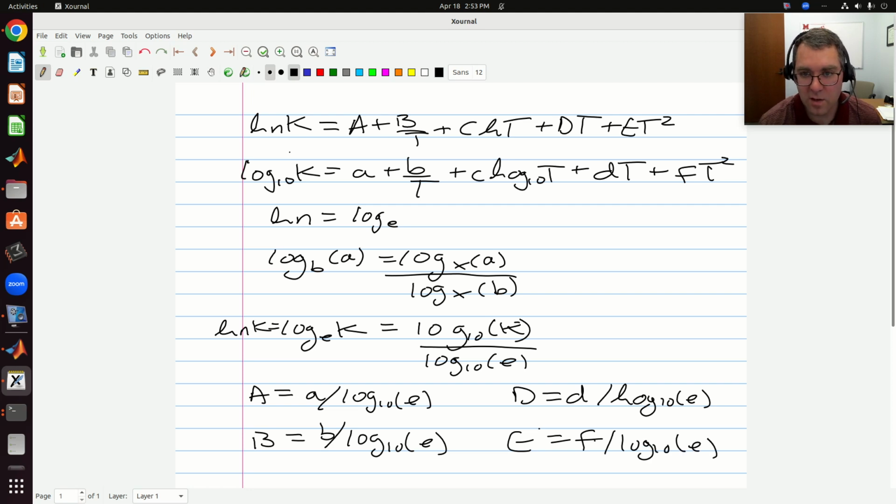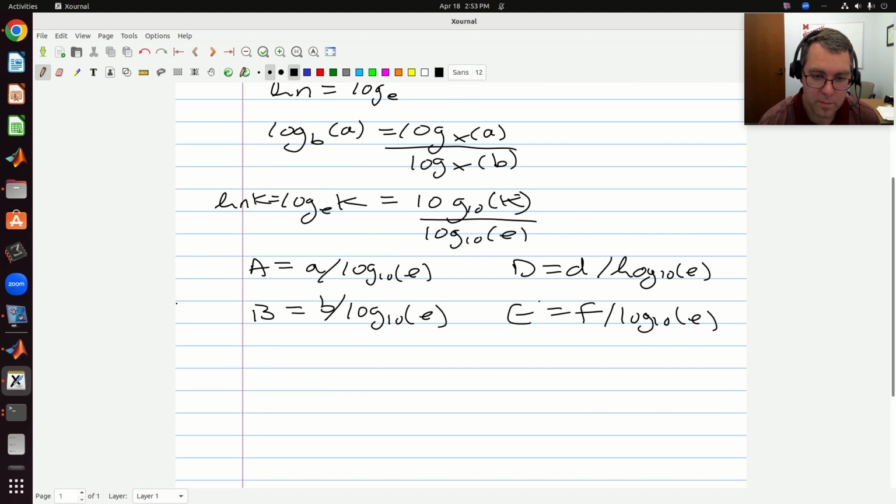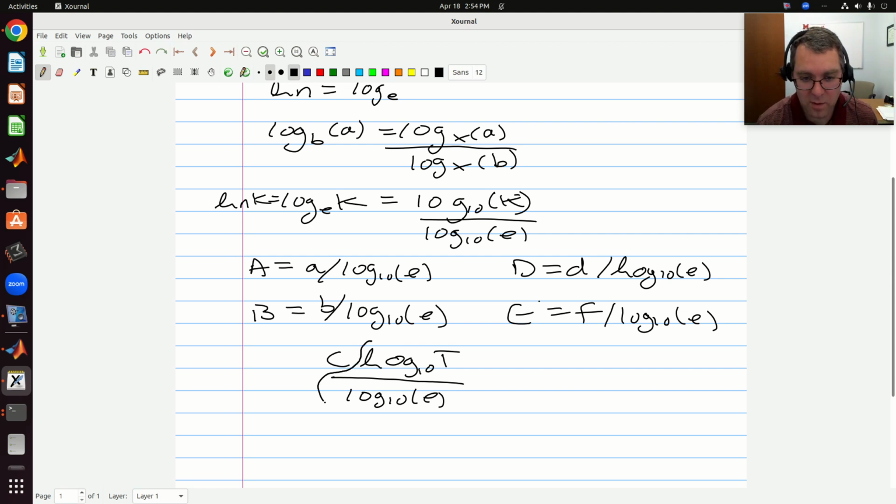Now C is a little different. If I have C times log base 10 of t, and I divide that by log base 10 of e, I also need to convert this log base 10 to natural log. It so happens that log base 10 of t divided by log base 10 of e is equal to natural log of t, so C times natural log of t.